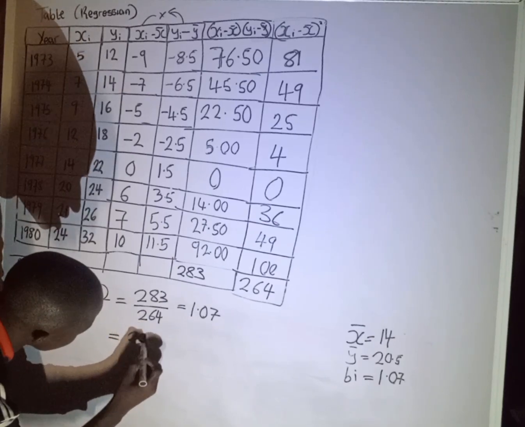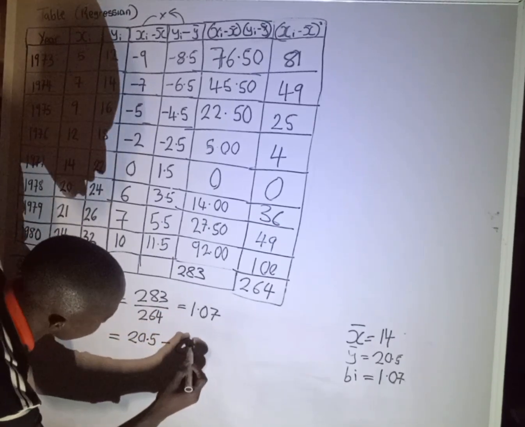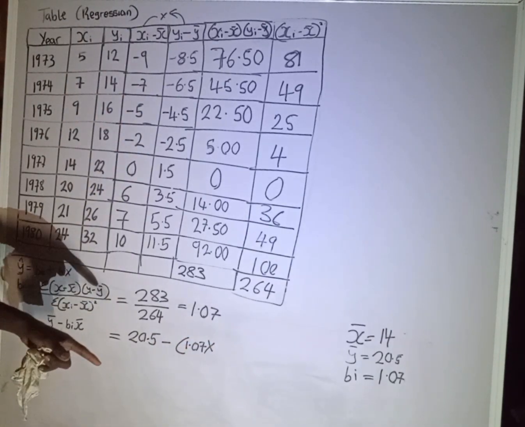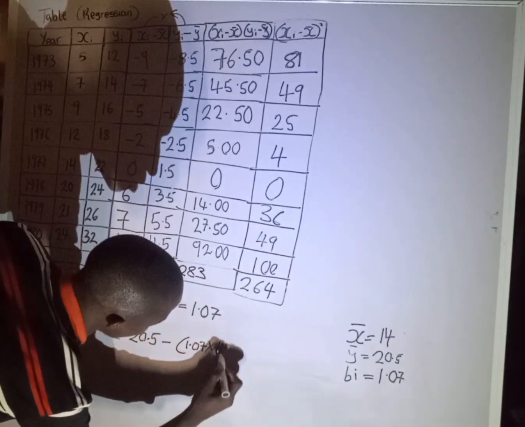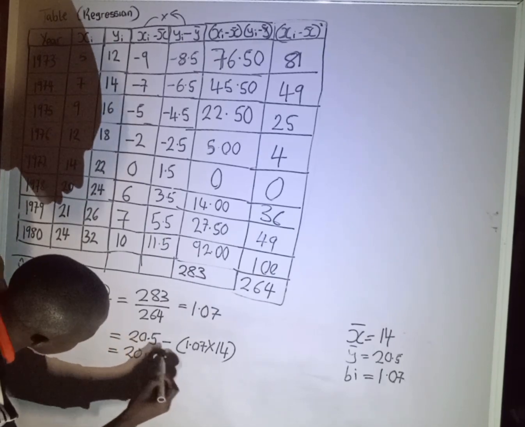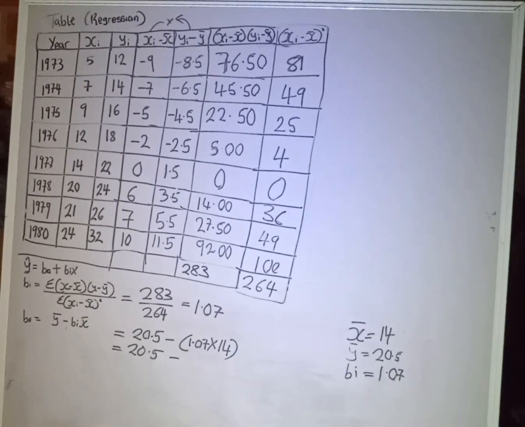So I will have 20.5 minus the product of the gradient, which is 1.07, multiplied by the mean of x, which is what? 14. So 1.07 multiplied by 14, that is 14.98.